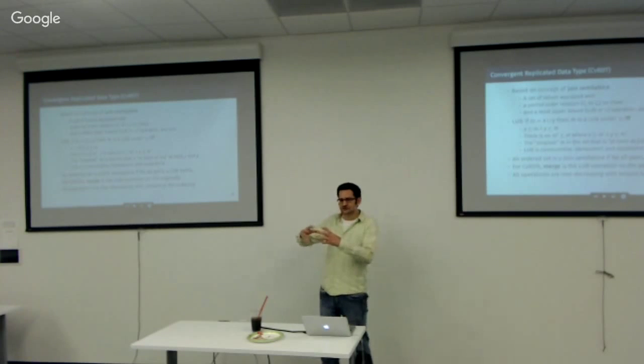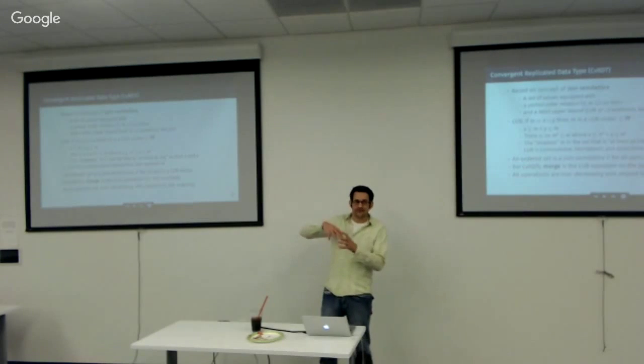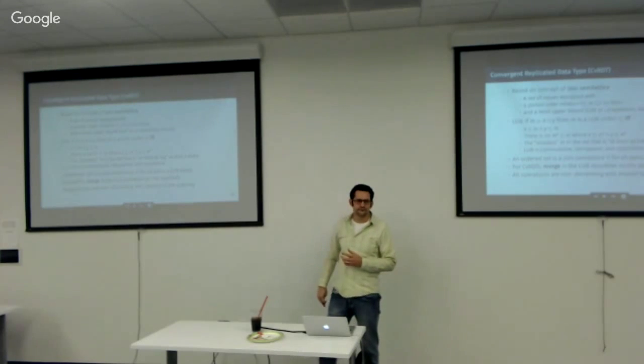The merge operation of two states is the least upper bound operation. And when you do an update locally, all of those operations have to be non-decreasing with respect to the ordering. Either it has to be at the same order or higher after the operation.